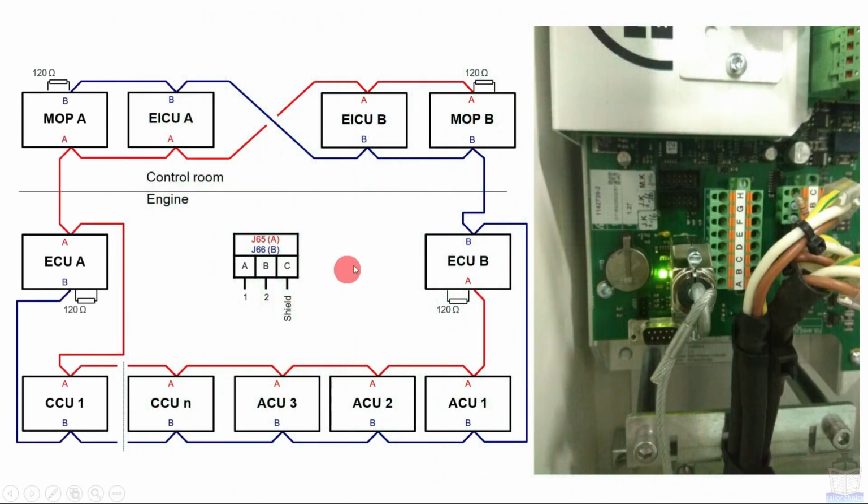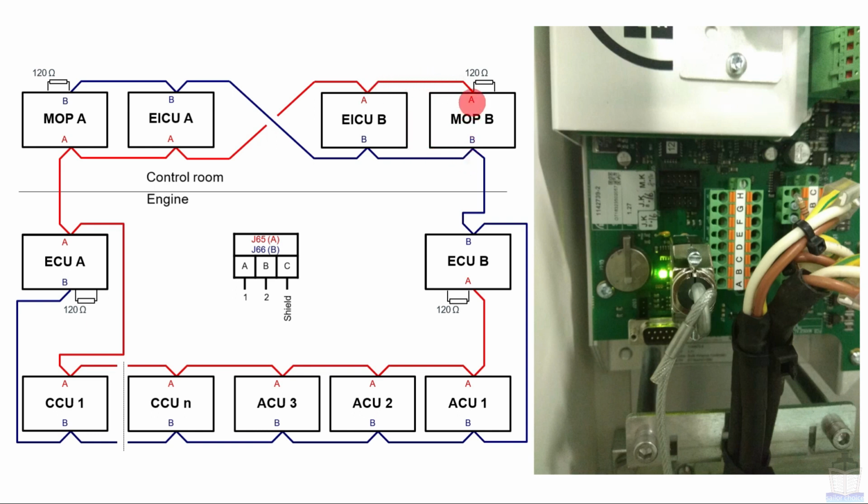This is the picture of network cable configuration showing how network A and B cables are connecting various MPC and MOP. So let's start with network cable A. Here you can see network cable A is shown with the red color and network B is shown with the blue color.